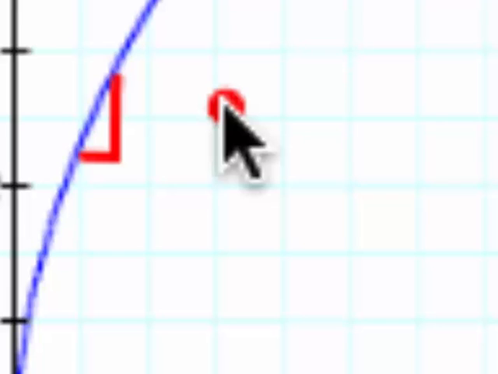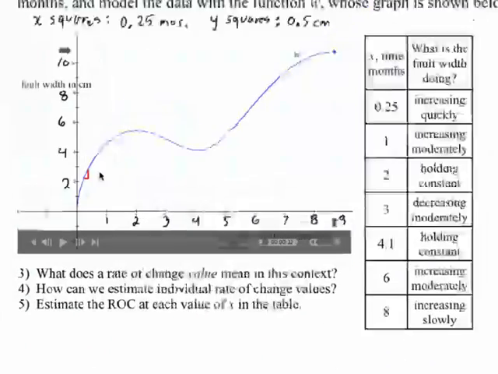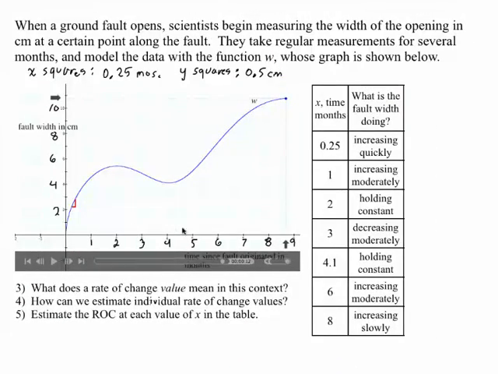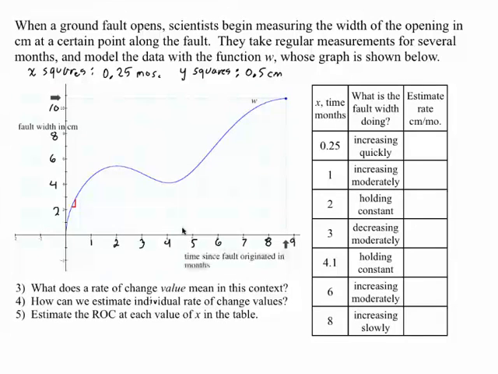So find that rate of change, or we're estimating the rate of change here. What'd you get? 4 sounds good. Centimeters per month.